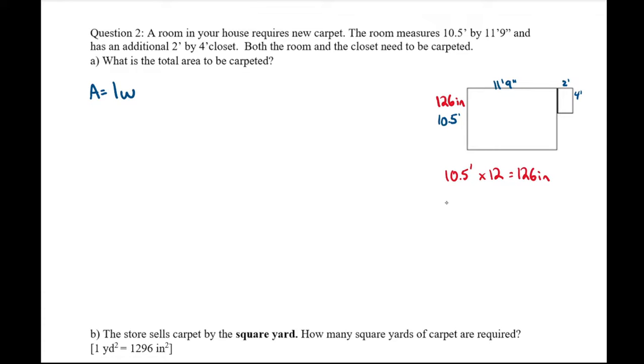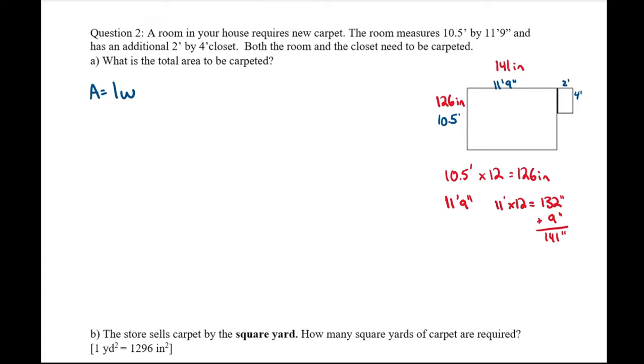The next one, 11 feet 9 inches. So here I'm going to do the 11 feet times 12 inches, which is 132 inches. And then I'm going to add in the 9 inches on top of that, and I get 141 inches.